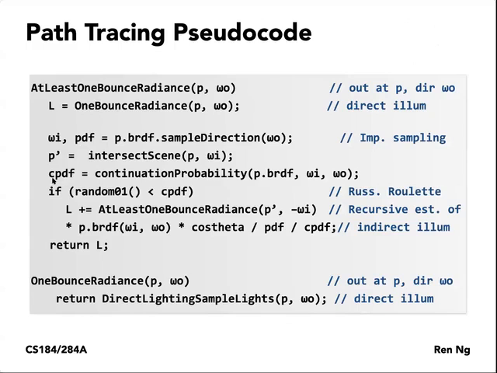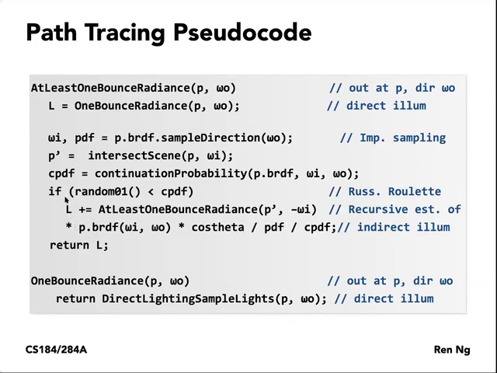Then we have Russian roulette. We find the continuation probability, just as we did in the previous pseudocode. Then we terminate randomly. We choose a random number from 0 to 1, and we only continue the recursive call if that's less than the continuation probability. If it's greater than the continuation probability, then we just do nothing. We just return 0 light in this case.